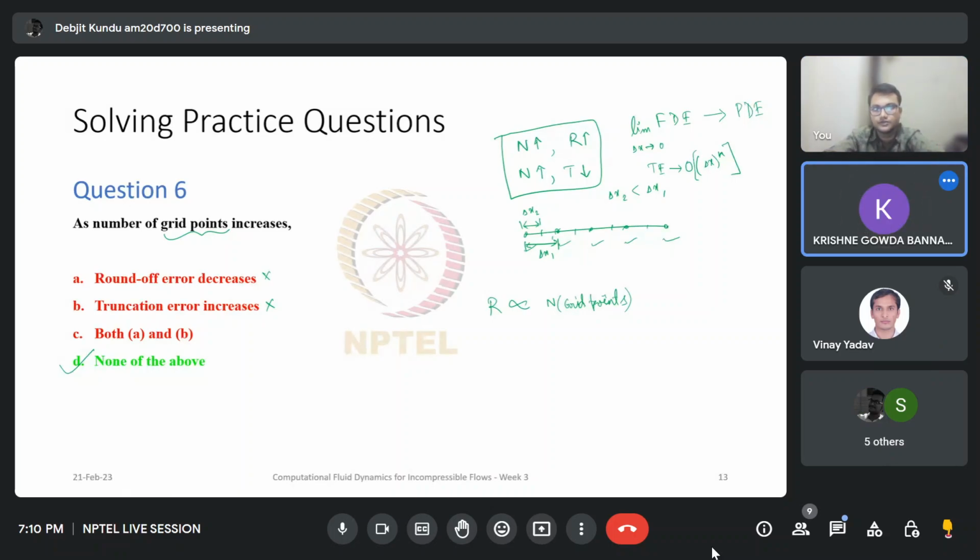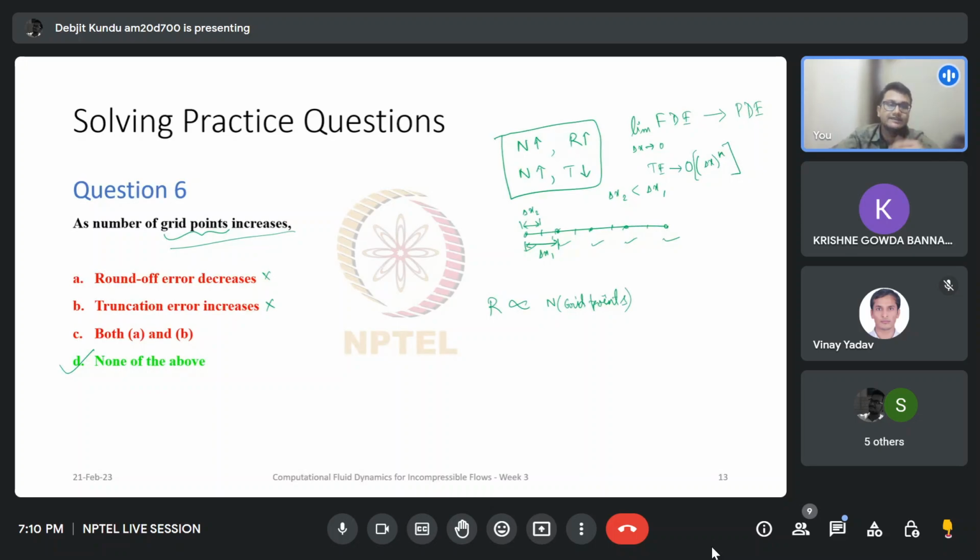Okay. So as you see here, if we blindly keep on increasing the grid points, it may not be beneficial. There has to be some optimization between the increasing round-off error and the decreasing truncation error. Now, of course, practically, this round-off error is very low for these very advanced, high accuracy computers.